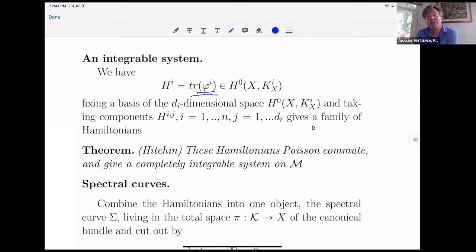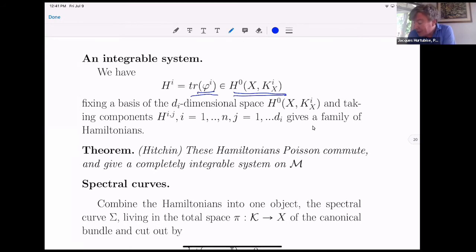Now, of course, it's not an endomorphism; it's a form-valued endomorphism, and so you get something a little bit different. If you take the powers of phi and take a trace, you'll get these sort of i-forms, if you want, or the i-th power of the canonical bundle sections.